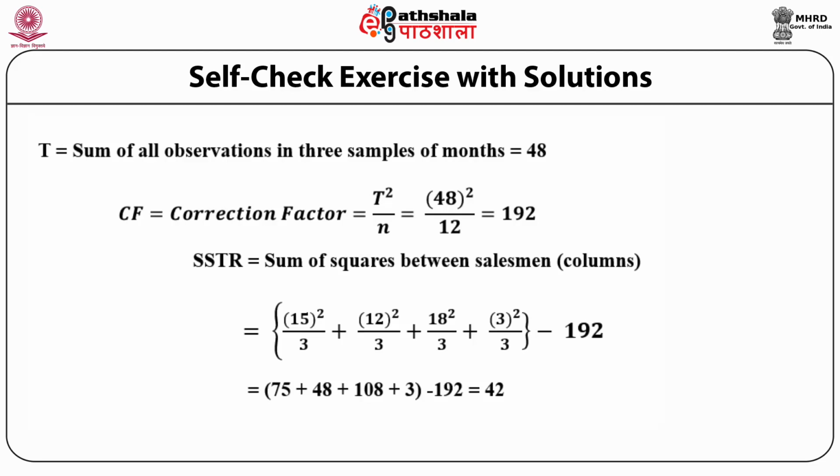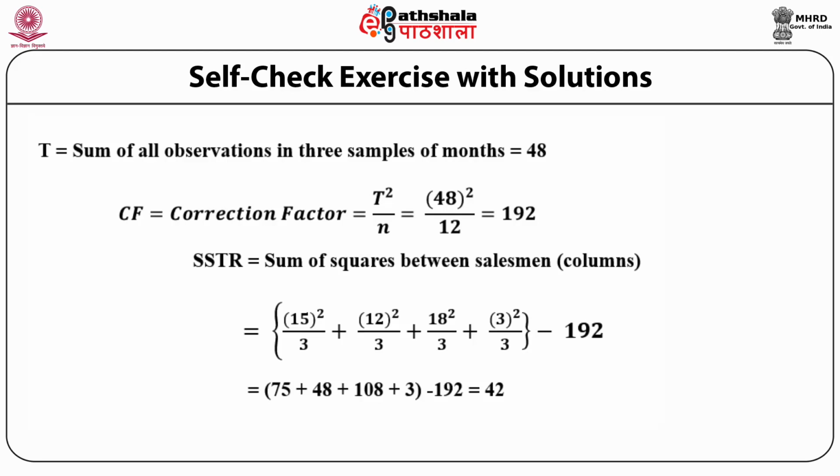You can see the sum of column A is 15, and when we square it, it is 137, and like that 12 and 80 for B, for C it is 18 and 164, and for D it is 3 and 27. Now we compute the correction factor, as I have told you in the other module.